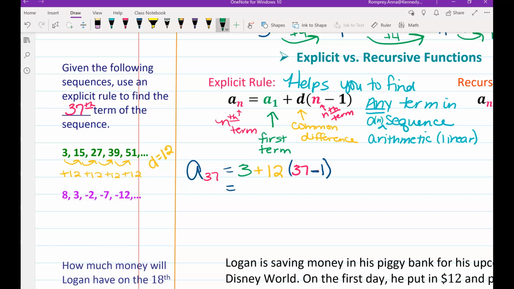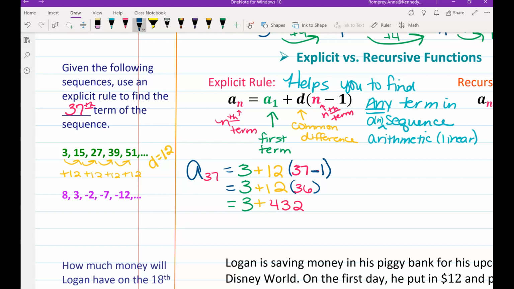So I'm just going to do 3 plus 12 times 36. Once you get comfortable with this, yes, you don't have to write down every single step. That's fine. So I'm going to simplify. 3 plus 12 times 36 gives me 432.